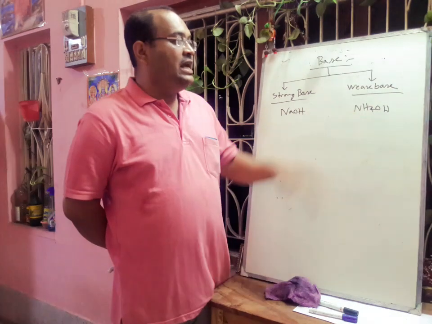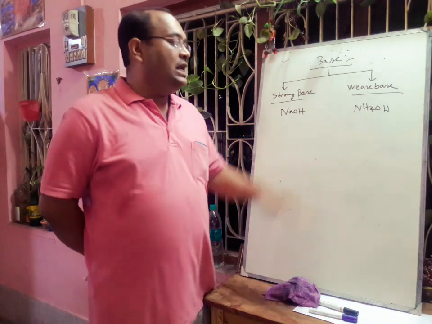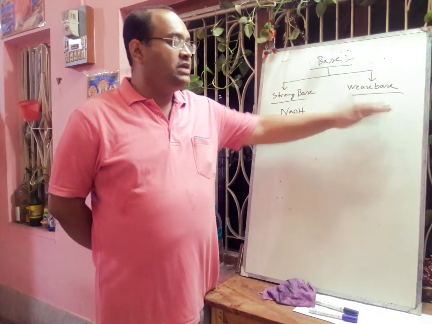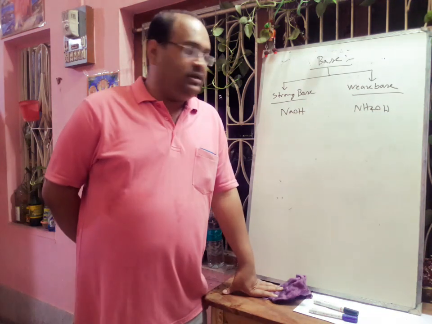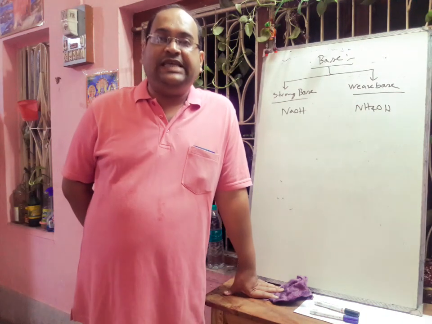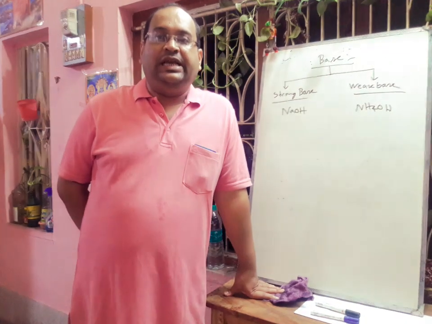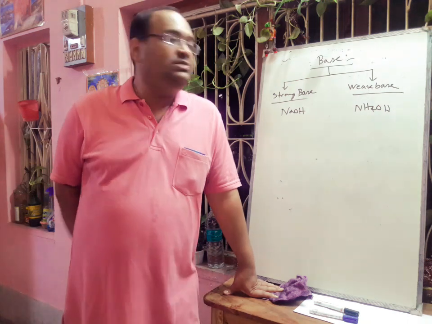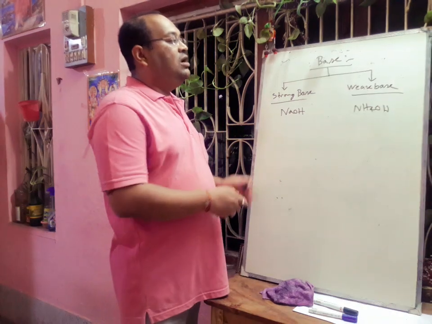But if we take ammonium hydroxide, here there is partial dissociation. All the ammonium hydroxide molecules will not dissociate to produce OH minus. So bases which partially dissociate in aqueous solution and have a low concentration of OH minus ion are called weak base.